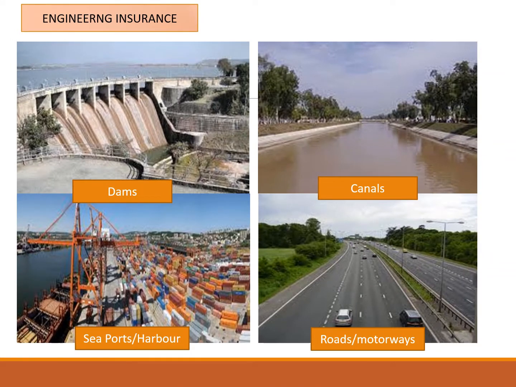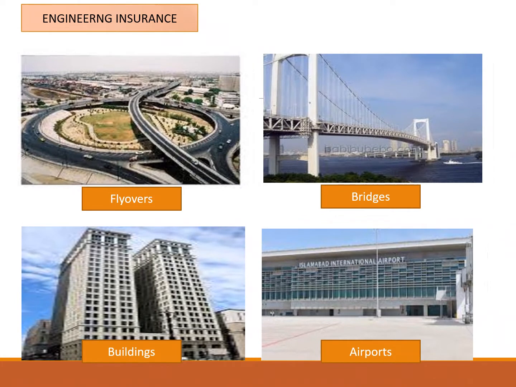The examples of engineering insurance are dams, canals, seaports, harbors, jetties, roads, motorways, flyovers, bridges, buildings, airports.